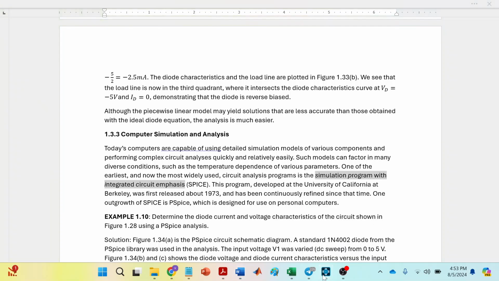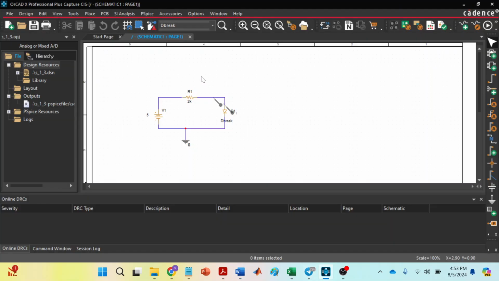Here is the circuit. You have the VPS represented by V1, which is at 5 volts. You have the resistor, which is 2 kilo ohm. Then we have the diode. This point here is the probe for the current, and this is a probe for the voltage.